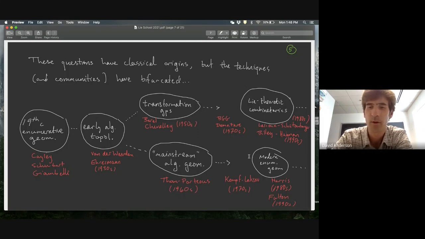I don't know very much about the classical algebraic geometry that has exploited that. Some people in tropical geometry apply tropical techniques to real flag manifolds and real Schubert varieties. But yeah, there's a lot to be done there as well.